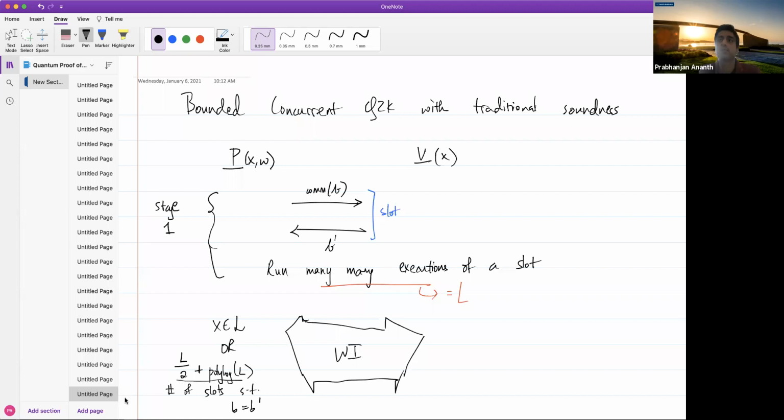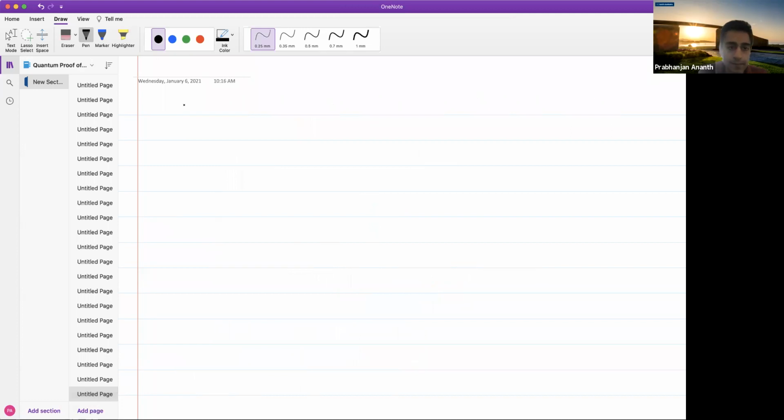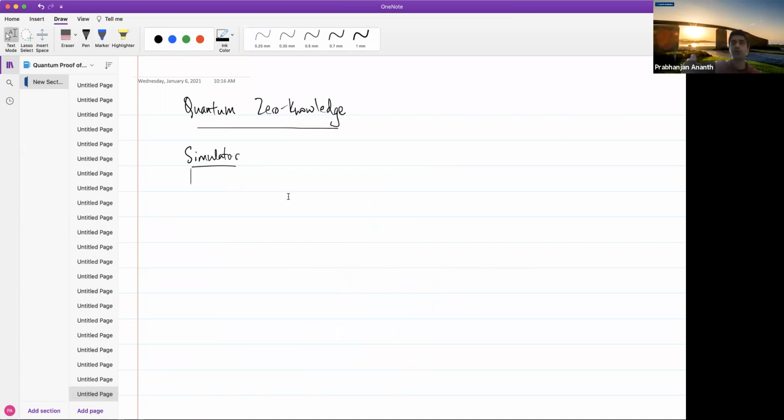Okay. So how does the argument for quantum zero knowledge work? We're going to argue quantum zero knowledge as follows. The simulator is going to divide the whole protocol into blocks. Okay.